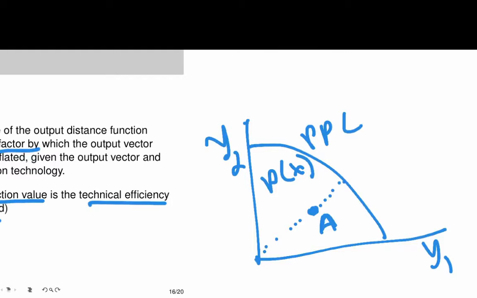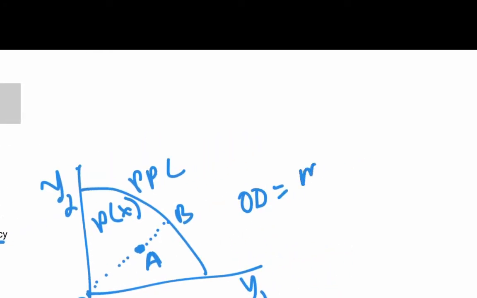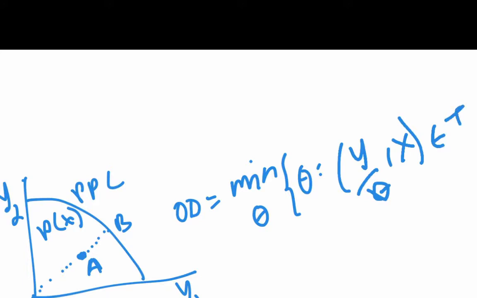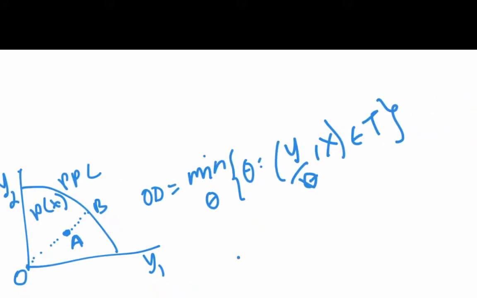And that means I am thinking in terms of projecting A onto B, and the output distance function, OD, would be the minimum theta by which I could divide my output vector, and still the combination of inputs and outputs is feasible. So that is going to be OA over OB.